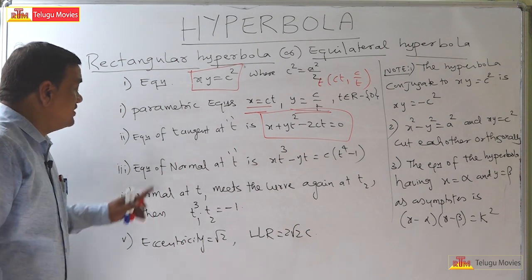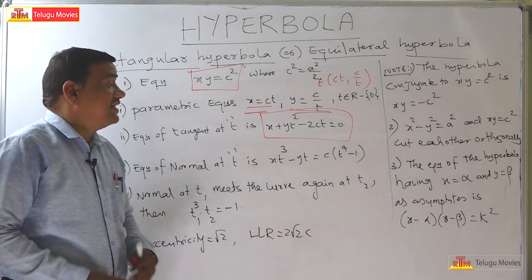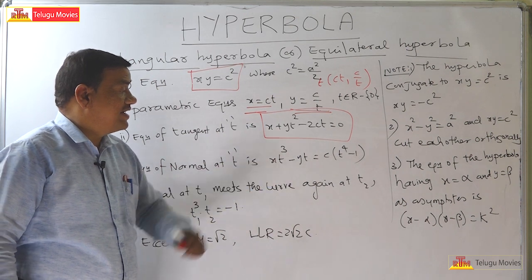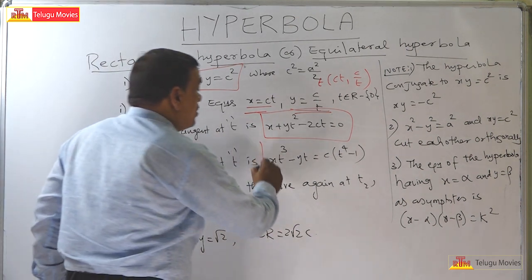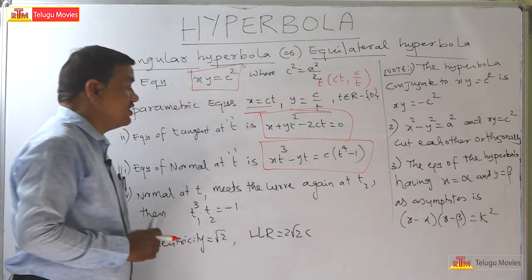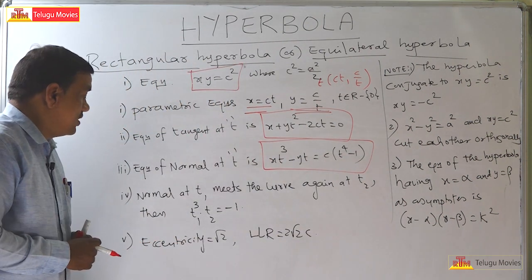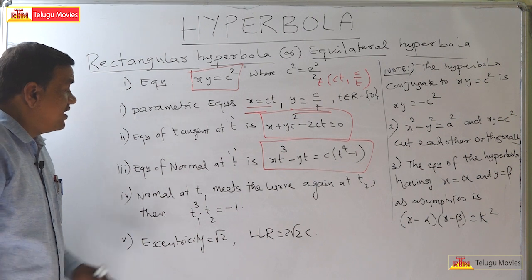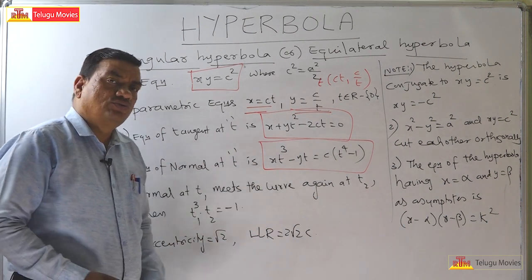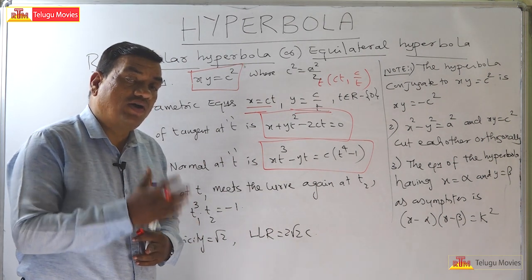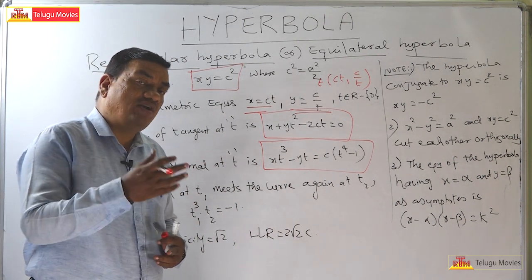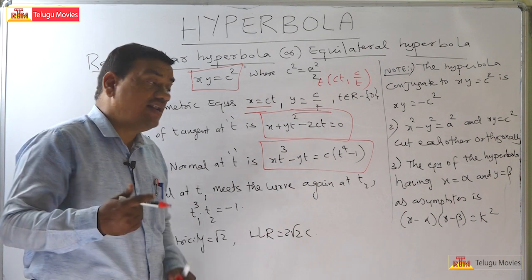The next one is the equation of the normal at t: xt cube minus yt equals c times (t to the power of 4 minus 1). So this is the equation of the normal at t. Now, a normal at t1 meets the curve again at t2. For example, a tangent touches the curve at only one point, but a normal definitely intersects the curve again at another point.